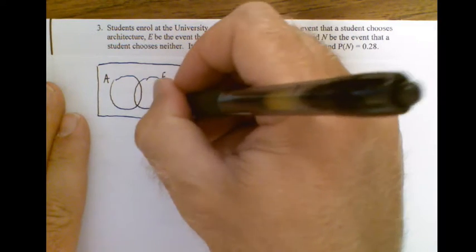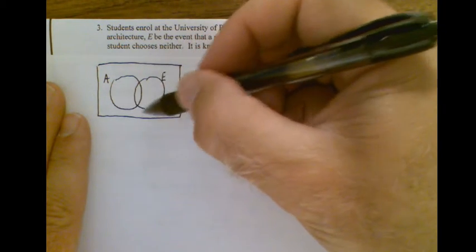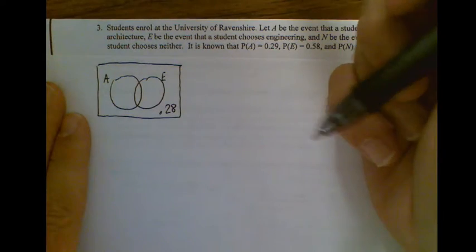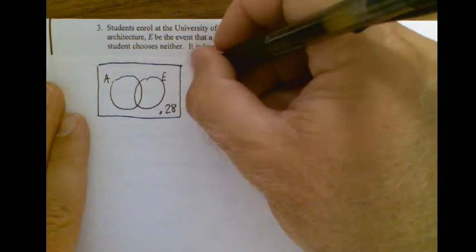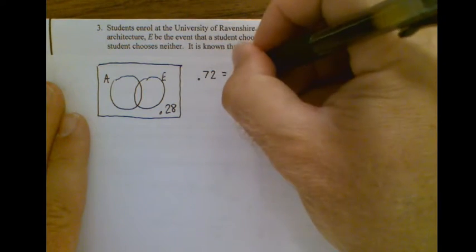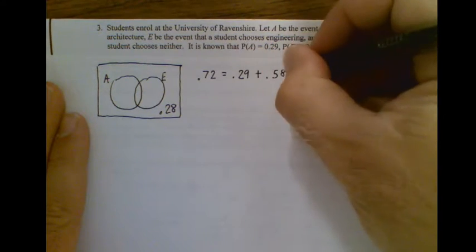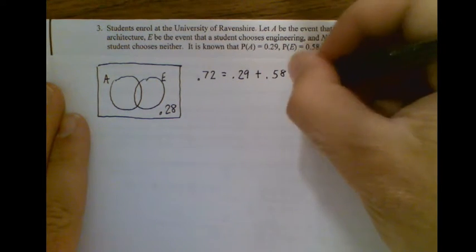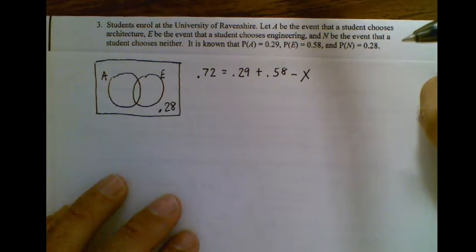So if I have 28% that is neither, the remaining 72% must be either A or E. We have a formula that says A or E must equal A plus E minus A and E, which we don't know, so we're using that formula to solve for it. That's the way we're going to start that out.